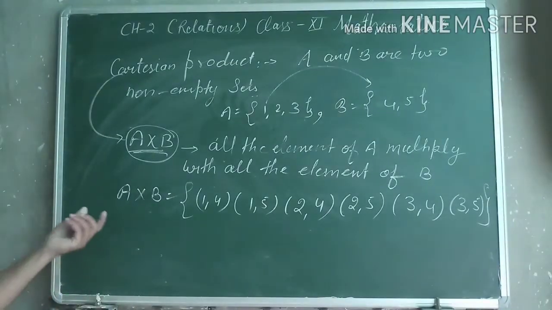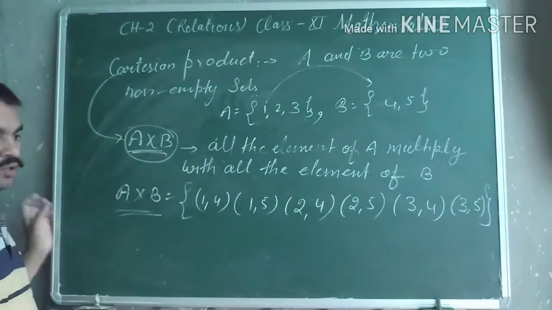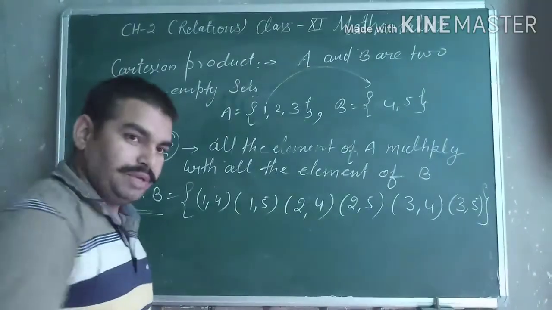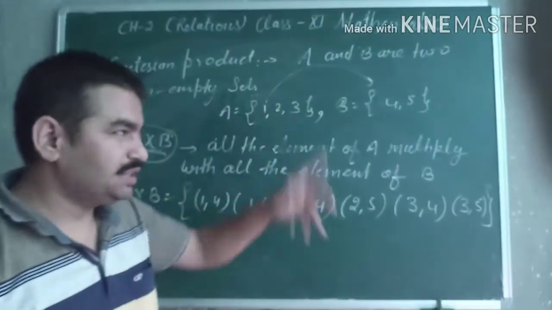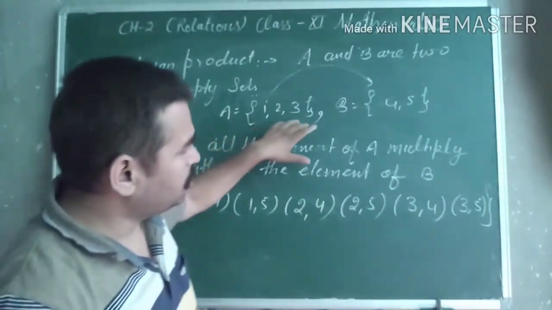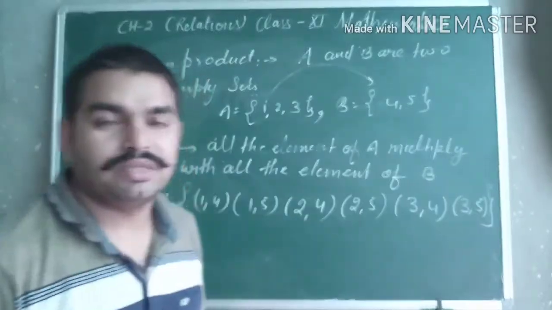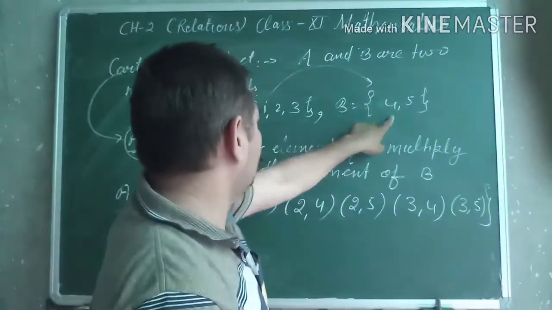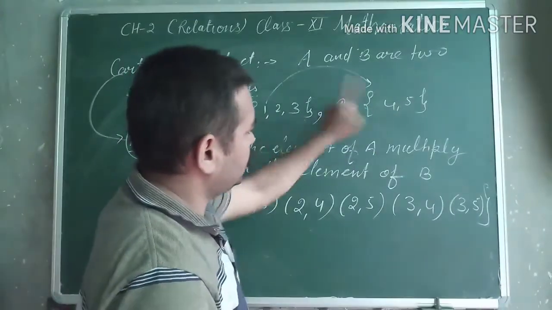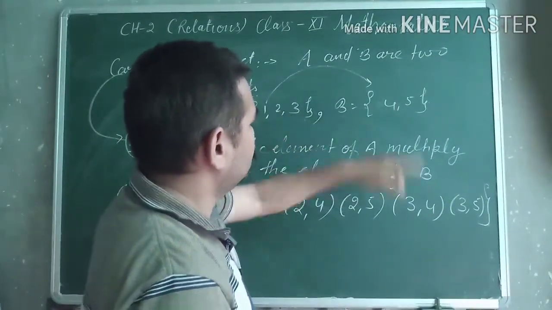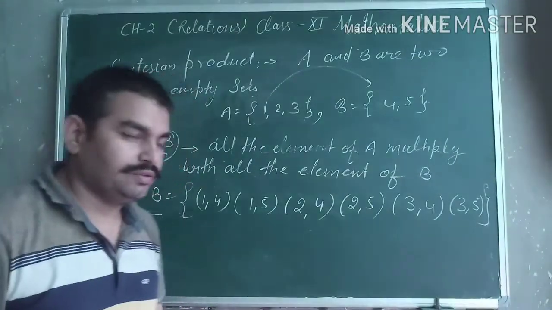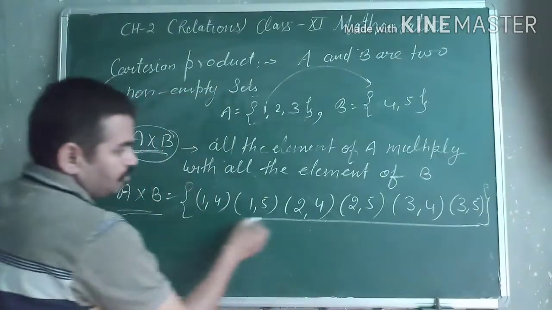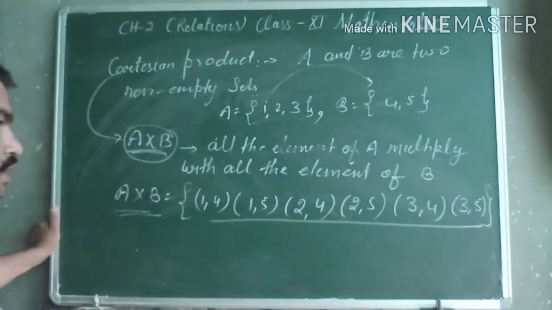This is the Cartesian product or cross product of set A and set B. फिर से समझें, A सेट के जितने भी एलिमेंट हैं वो B सेट के सभी एलिमेंट से मल्टीप्लाई होंगे. देन 1 with 4, 1 with 5, 2 with 4, 2 with 5, 3 with 4 एंड 3 with 5.